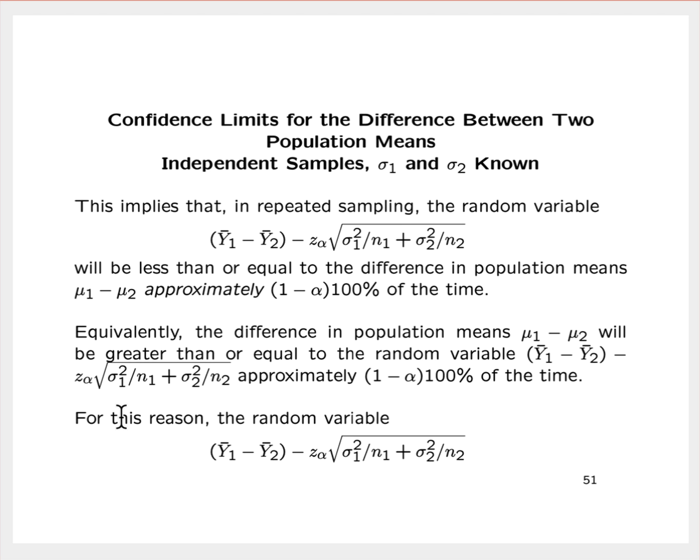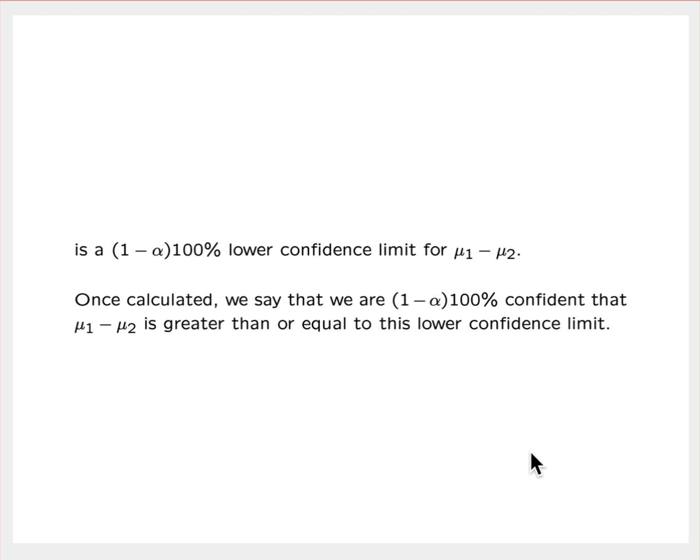Equivalently, the difference in the population means mu1 minus mu2 will be greater than or equal to this random variable approximately 1 minus alpha times 100% of the time. And so because of that, we call this random variable y bar 1 minus y bar 2 minus z sub alpha times the true standard error of y bar 1 minus y bar 2 a 1 minus alpha times 100% lower confidence limit for mu1 minus mu2.